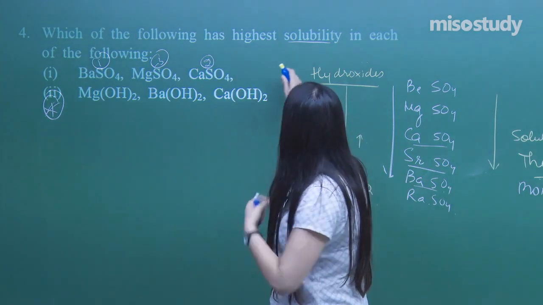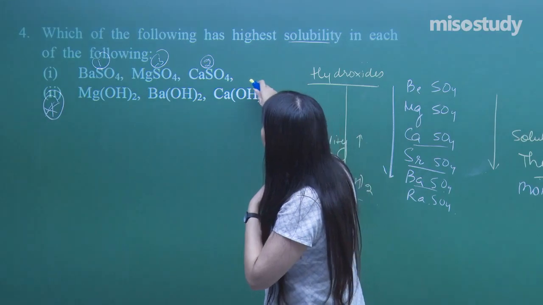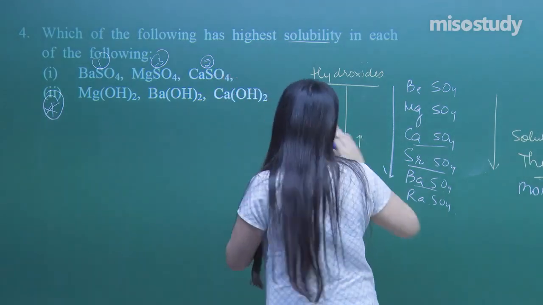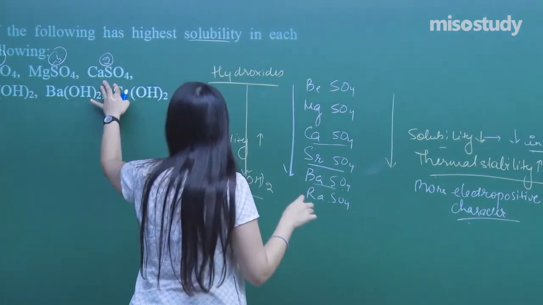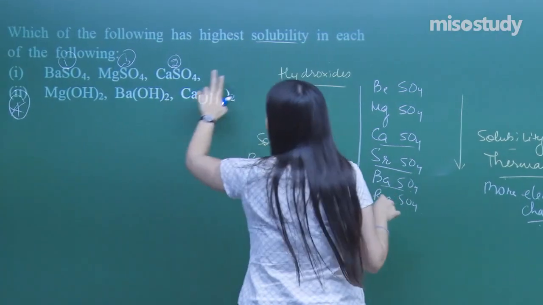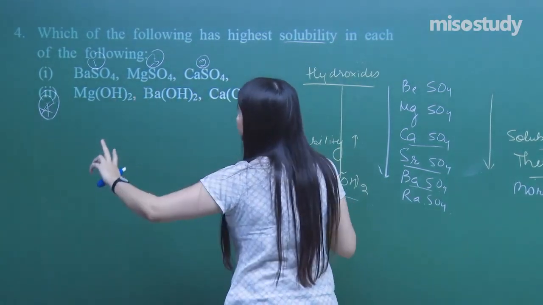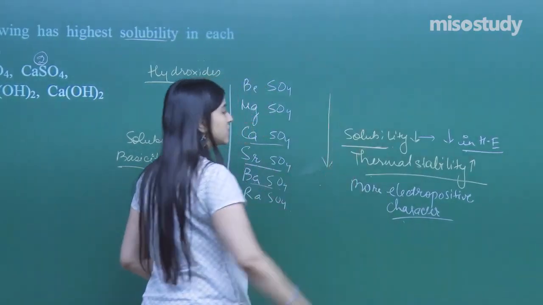So which one will be having the highest? First of all, let me just move on to the first part over here. Have we done that correct or not? Which one is having the highest solubility? So I think I have written just the opposite of it, because here I have told you that down the group the solubility is decreasing.